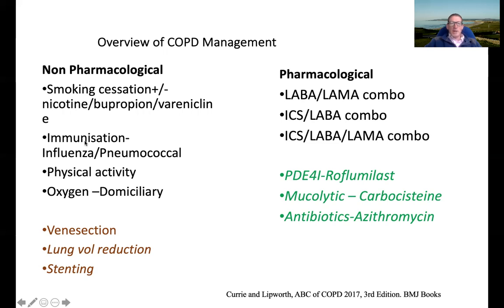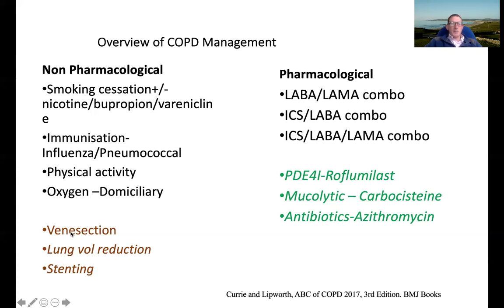We should immunize patients to prevent them getting influenza and pneumococcus, and I guess you probably add COVID to that list in 2021. Physical activity and pulmonary rehabilitation are important as well to get them feeling better, and if they are persistently hypoxic, then we give them oxygen for at least 15 hours a day through a concentrator to prevent pulmonary hypoxic vasoconstriction and cor pulmonale.